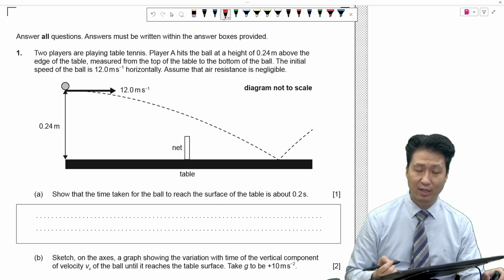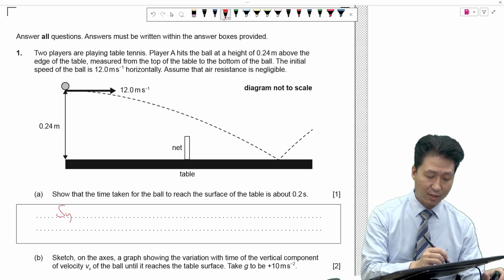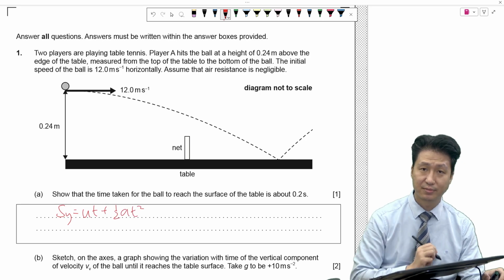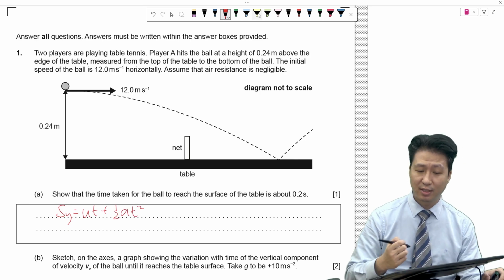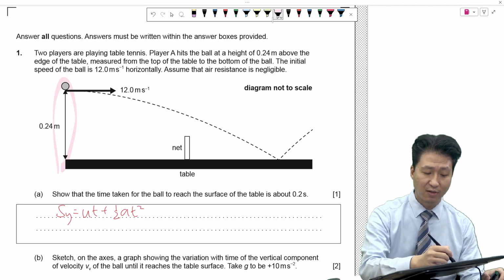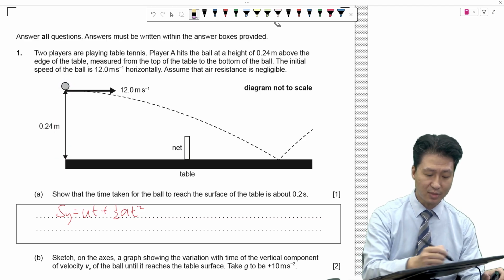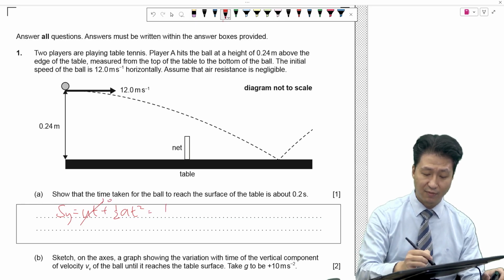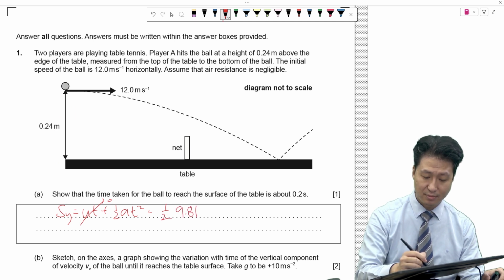So we'll be using SUVAT equations for this, where the vertical displacement is equal to initial velocity times time plus 1/2 acceleration times time squared. Now we only want to calculate the vertical motion. So the vertical initial velocity is going to be 0. The vertical acceleration is 9.81.